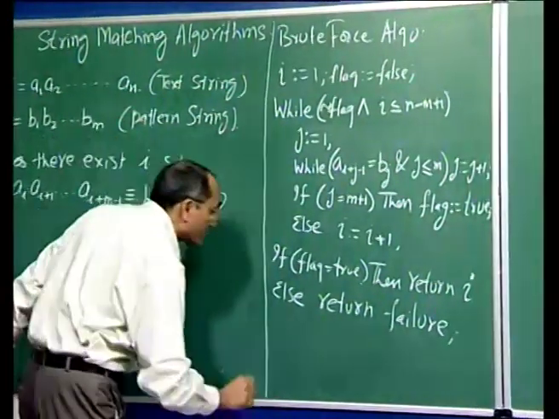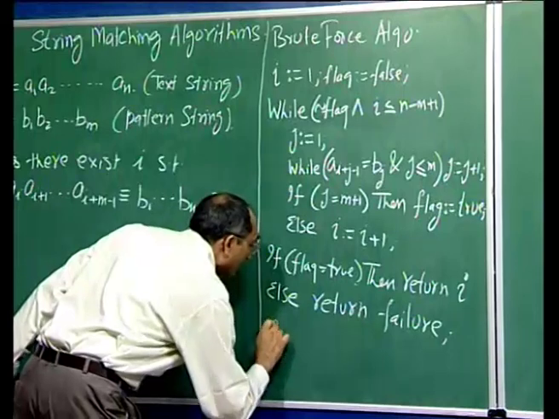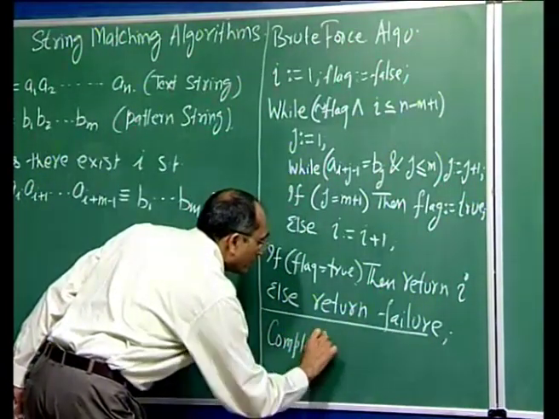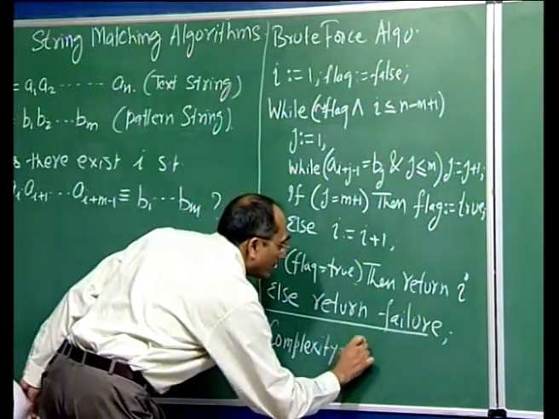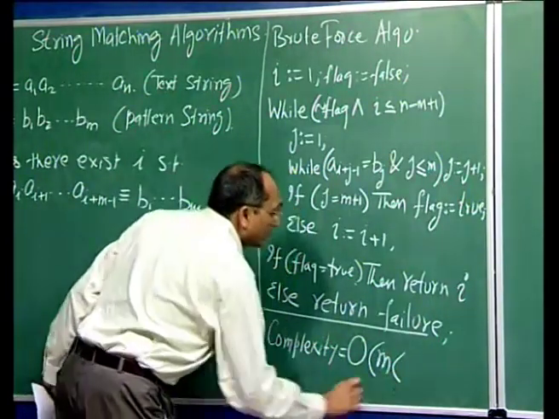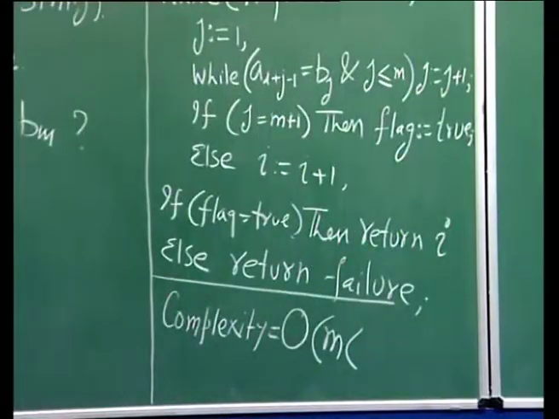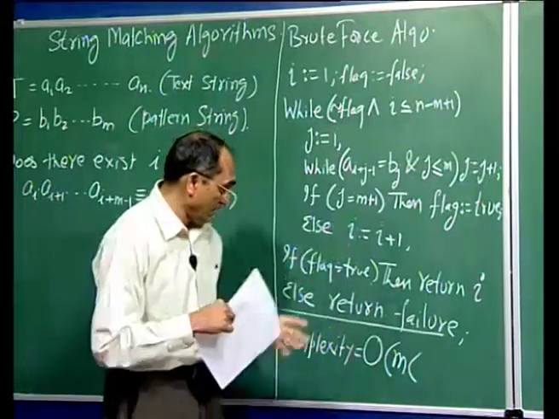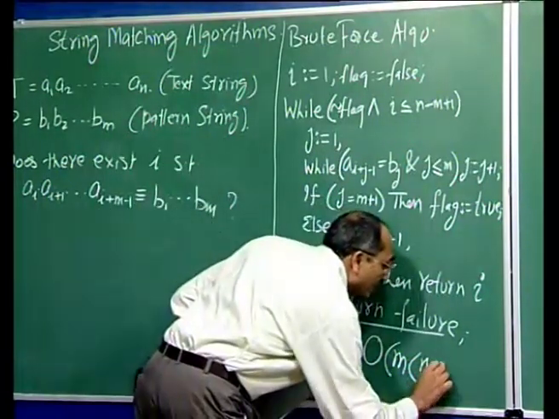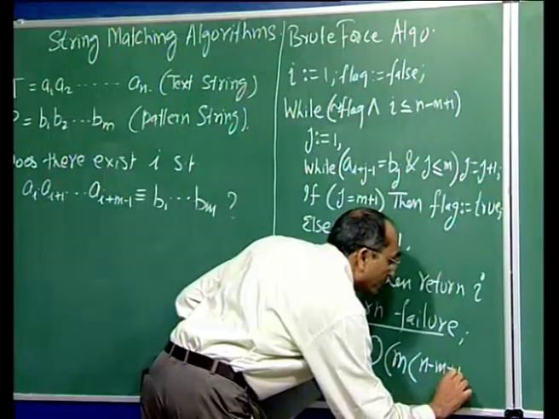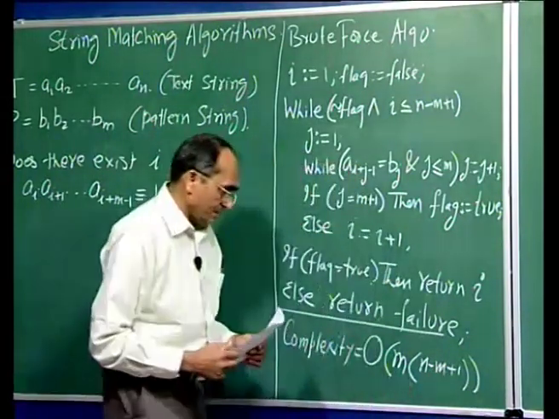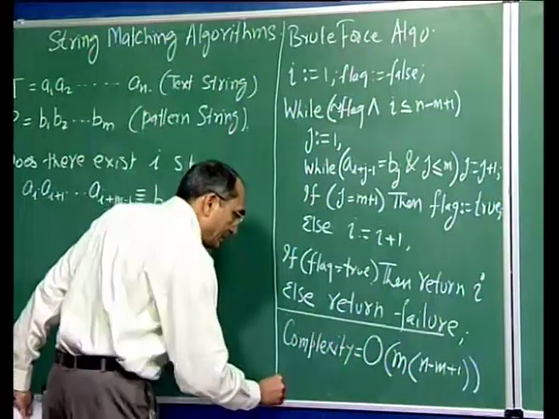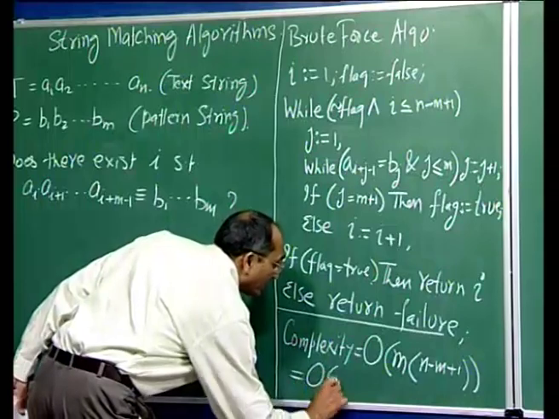So, the total cost, the time complexity, is going to be order m times the total number of positions starting at which we are going to do this search, which is n minus m plus 1. So, it will be m times (n minus m plus 1). In general, m is significantly smaller than n, and this is going to be n times m.